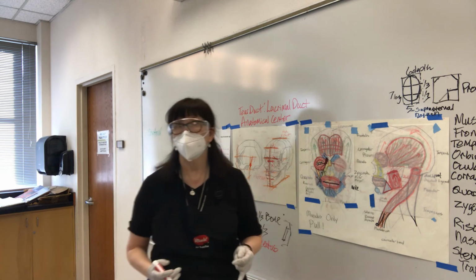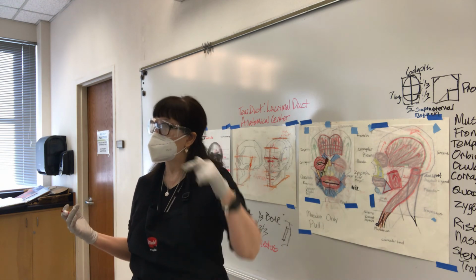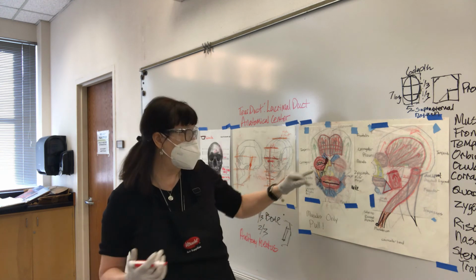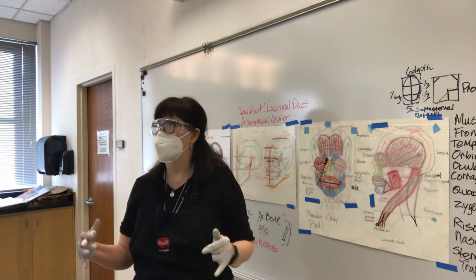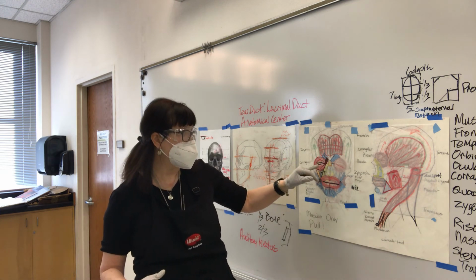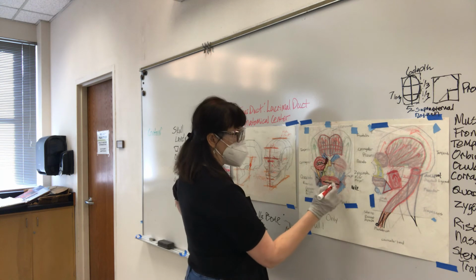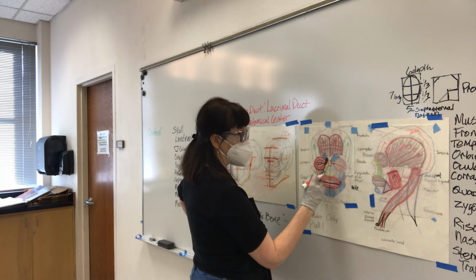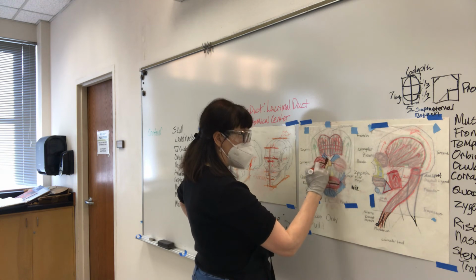Most of the expression when we're drawing from the model takes place in the eye, right? That's where we want the center of focus to be for our drawings. Mostly it takes place right there. So this is the orbicularis oris, and this is the oculi.